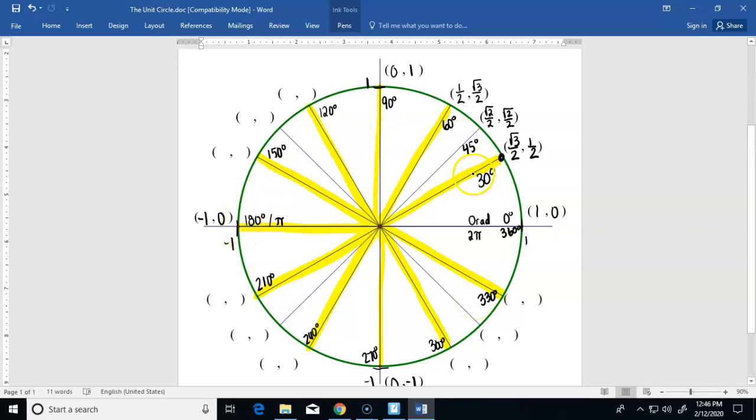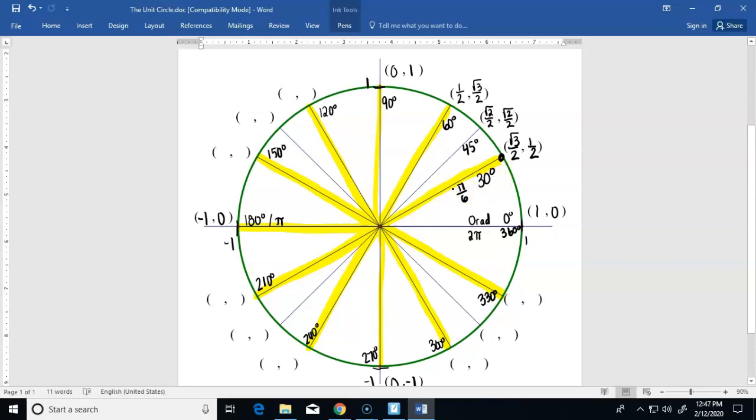What is 30 degrees as radians? It's pi over 6. Because if you think pi is half the circle, right, we split it into 1, 2, 3, 4, 5, 6 pieces right here. So 30 degrees equals pi over 6.